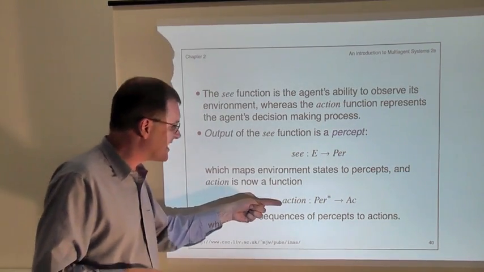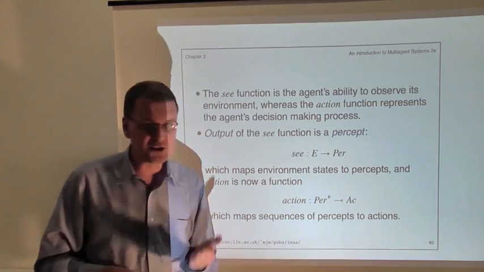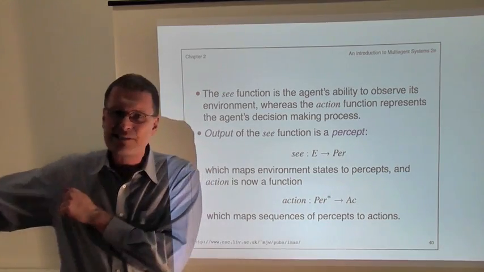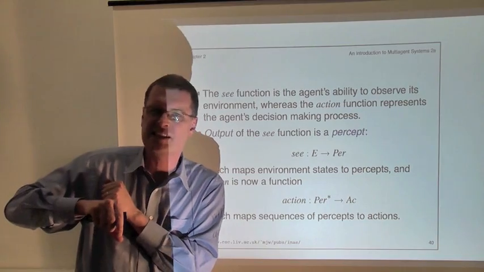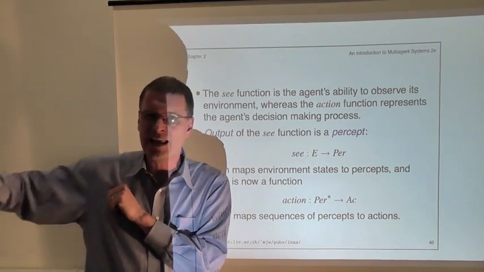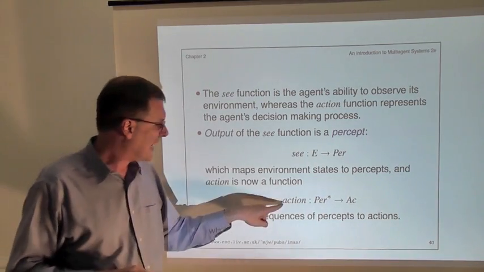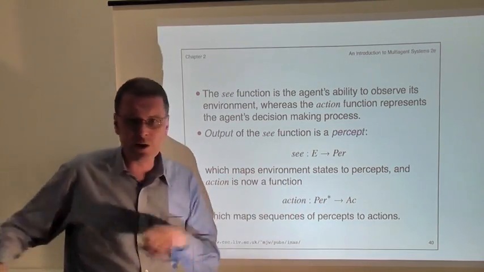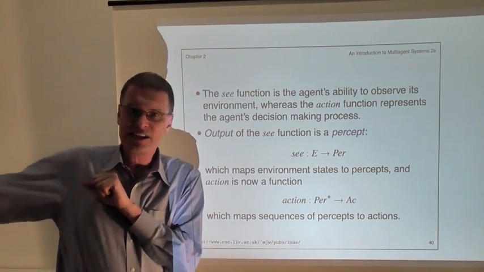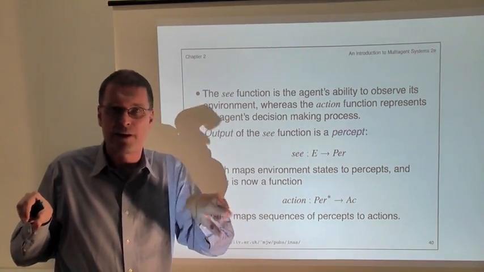Then the action selection subsystem that we think of an agent having. Previously, in the very abstract model, we looked at an agent's decision making: it looked at the whole history of the system so far, environment state and action, and then decided what action to perform. Well, here what we're saying is it takes into account all the percepts that it has received. So if I have received this percept, then this one, then this is the action that I'm going to perform.